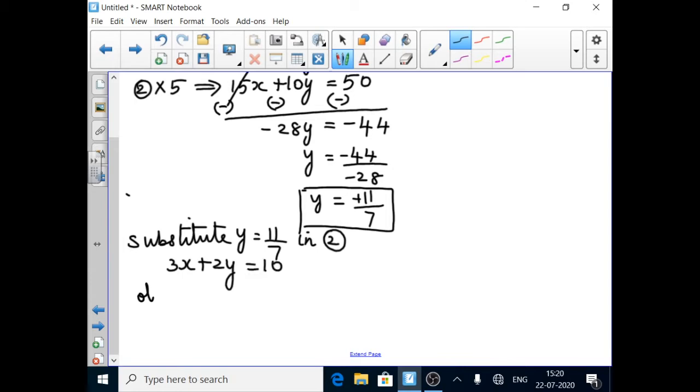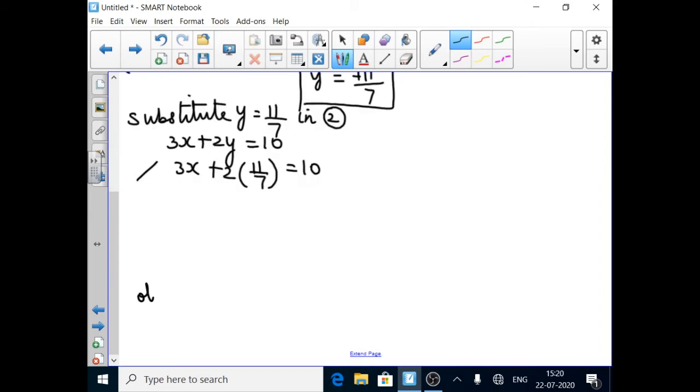So instead of y, you have to substitute. 3x plus 2 into 11 by 7 is equal to 10. That is 3x plus 22 by 7 equal to 10. So 3x equal to 10 minus 22 by 7.